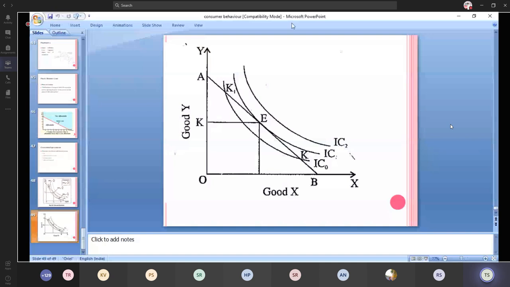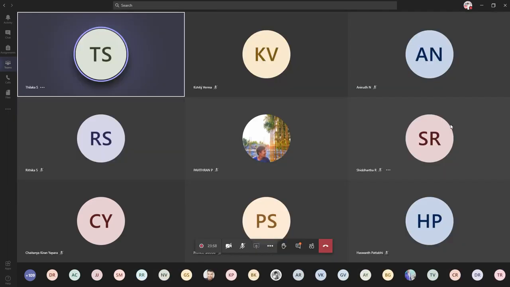Yes, ma'am. Okay, so this is in the consumer behavior theory. We discuss consumer behavior based on utility analysis. This utility analysis was broadly divided into two: the cardinal and the ordinal.